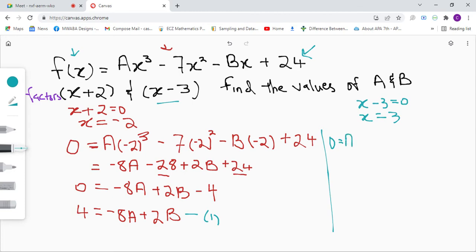So we have a times 3 cubed, minus 7 times 3 squared, minus b times 3, plus 24.